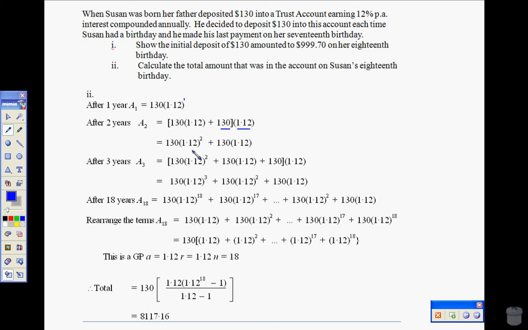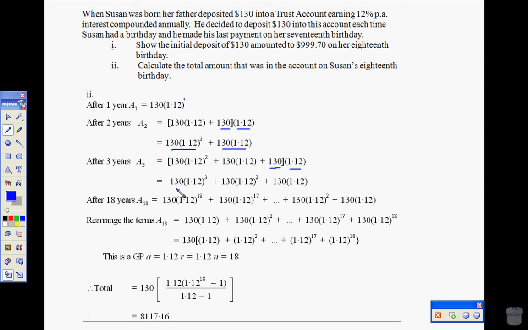So if we expand it out, the first amount has had 2 years of interest, the second amount's had 1 year of interest. After 3 years, so on her second birthday, he puts in another 130. So you've got the original amount that was there after 2 years, and then at the start of the 3rd year, he puts in 130, and then for that year, it's calculated interest.